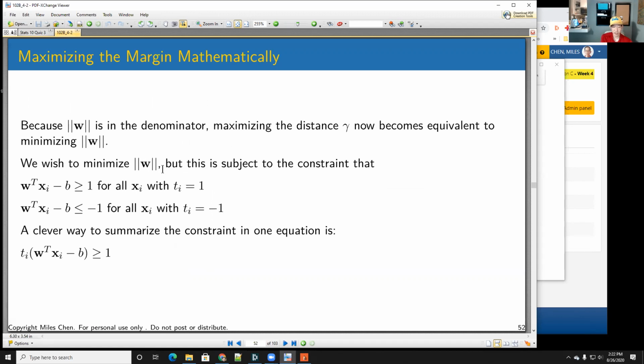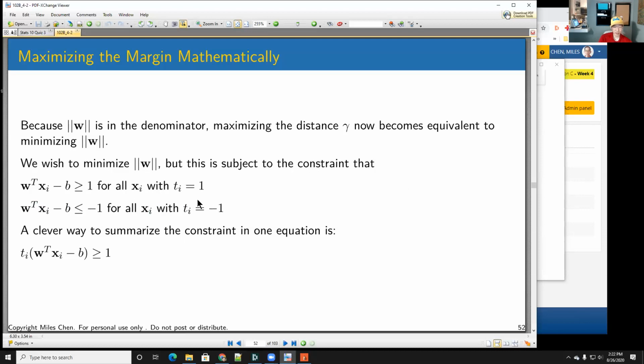We have constraints that when we plug in x times w, when the label is positive, this equation will hold true, and when the label is negative, this equation will also hold true, so that it gets labeled either +1 or -1.